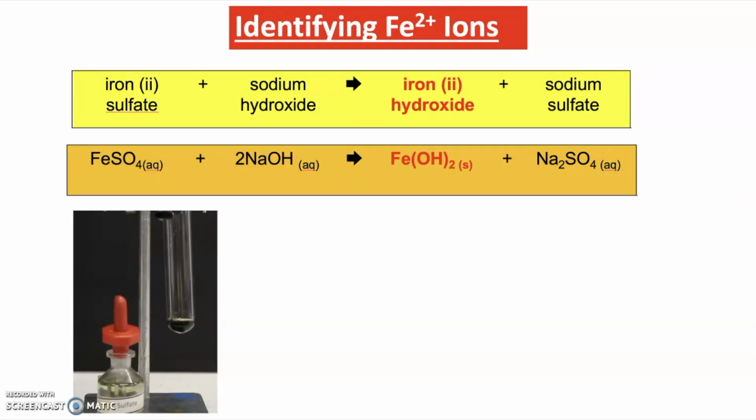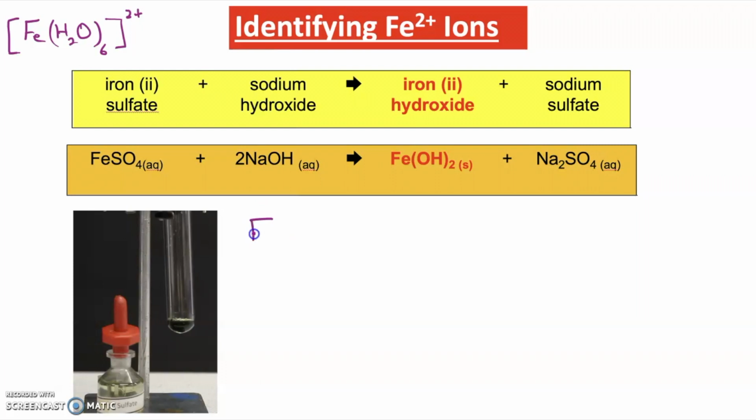Now we also need to be able to write an ionic equation here. Remember, although this experiment is aimed at identifying the Fe2+ ions, the Fe2+ ions in water would form a complex with the water molecules and would exist as [Fe(H2O)6]2+. So there's two ways we could write an ionic equation here.